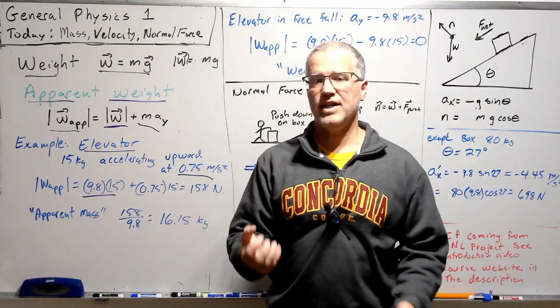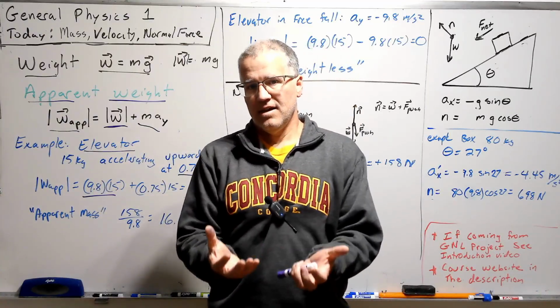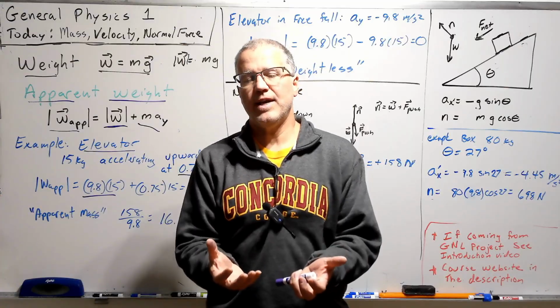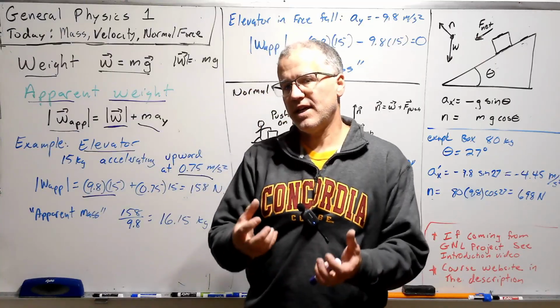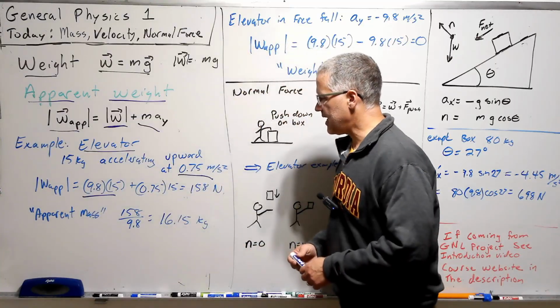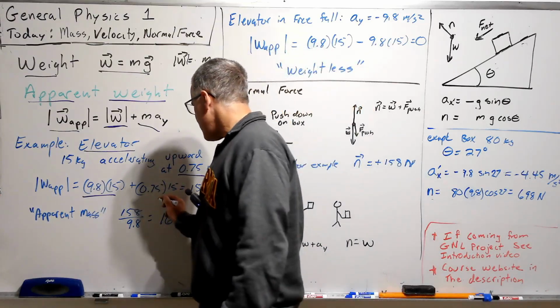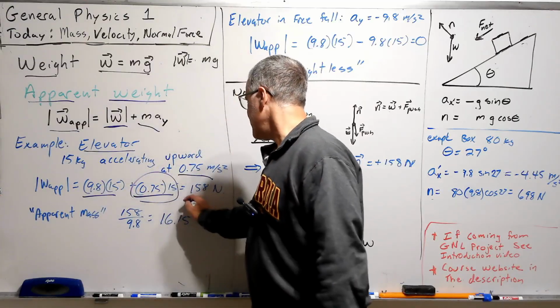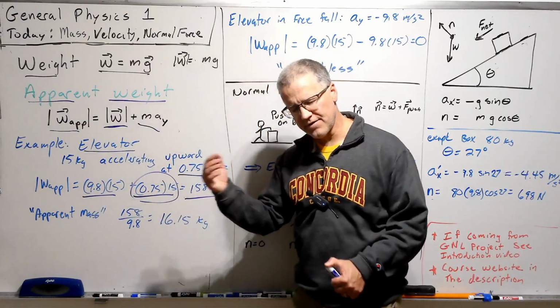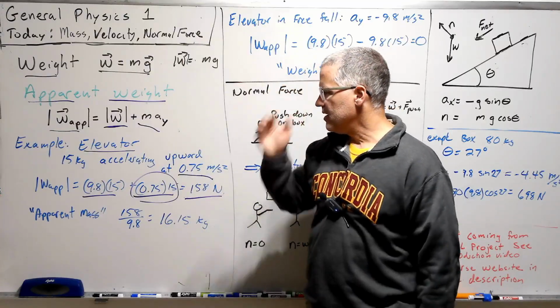The upward acceleration will make the weight feel heavier. So we're going to have to provide more force to counteract that weight. And so let's calculate that. Well, we add this component of the upward force, and we get 158 newtons.